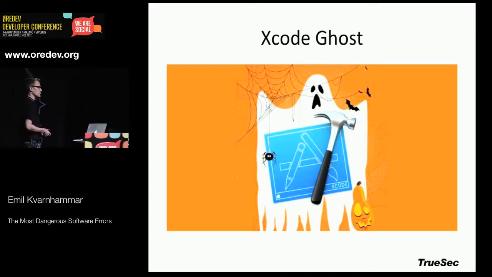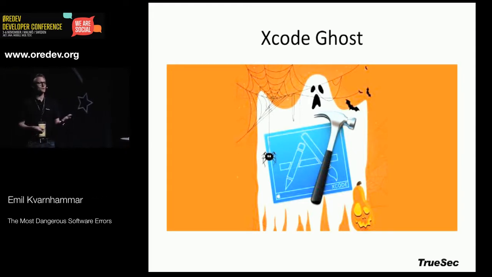An attacker found a way to exploit that situation. They repackaged the legitimate version of Xcode and included some extra code to inject code into the iOS applications built on that system.